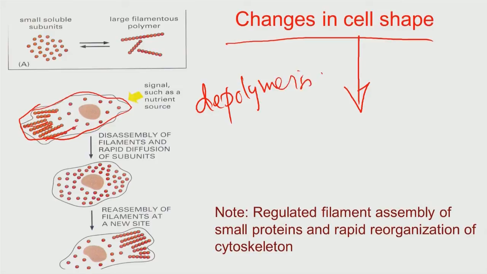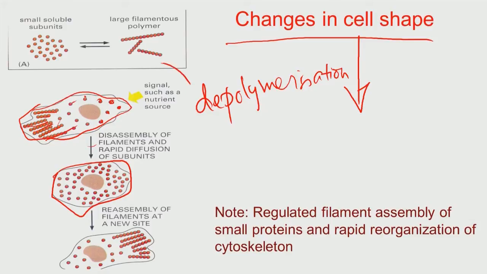Depolymerization means that actin filaments break down into smaller monomers, and these monomers are distributed throughout the cell without any preferential affinity to accumulate at a specific region of the cytoskeleton.